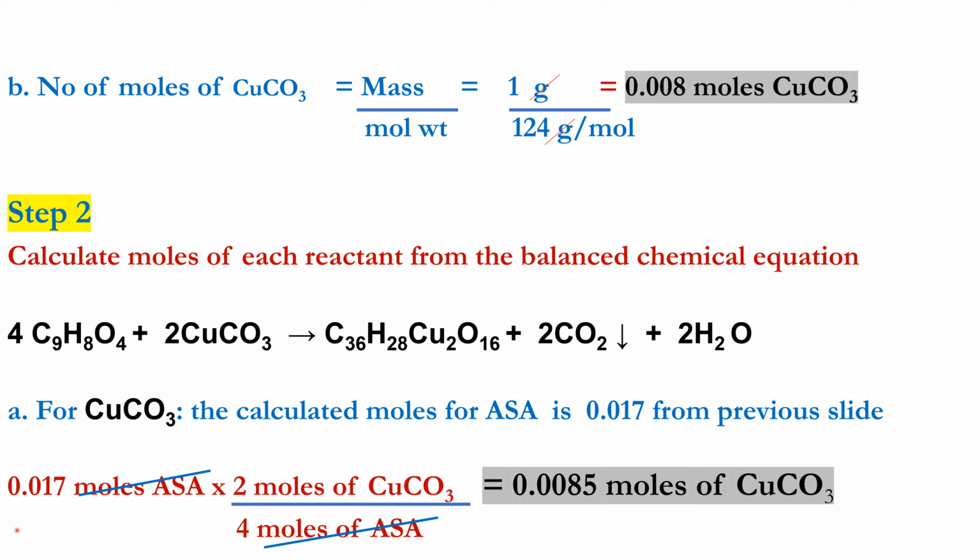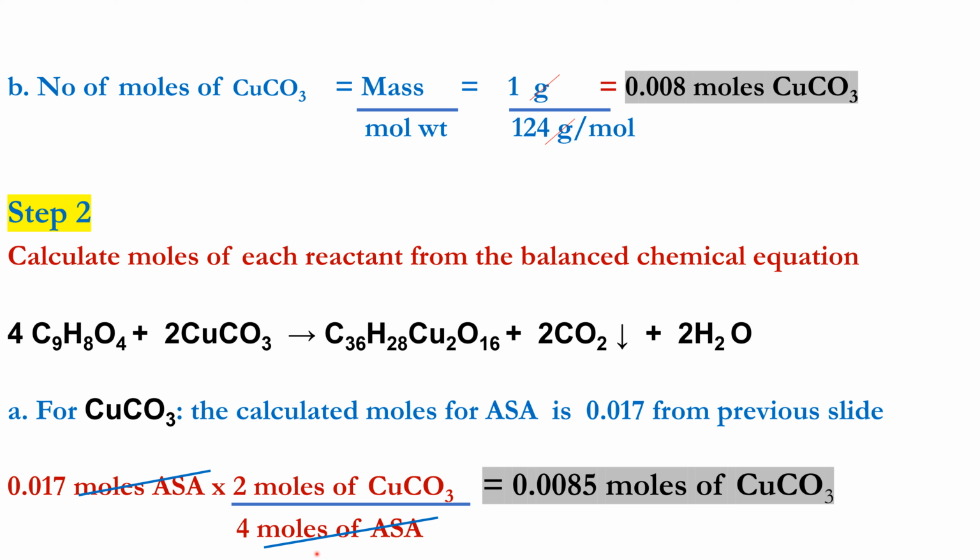So 0.017 moles acetylsalicylic acid multiplied by 2 moles of copper-2 carbonate. These 2 moles of copper-2 carbonate is from this balanced chemical equation divided by 4 moles of acetylsalicylic acid. 4 moles of acetylsalicylic acid is also from this balanced chemical equation.